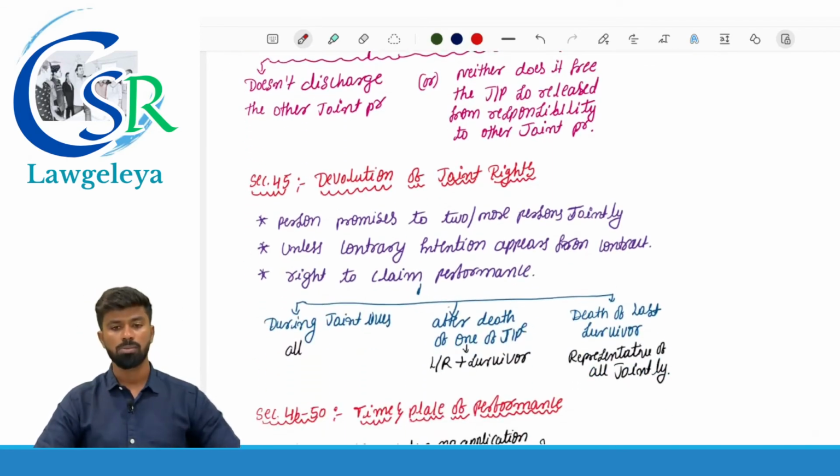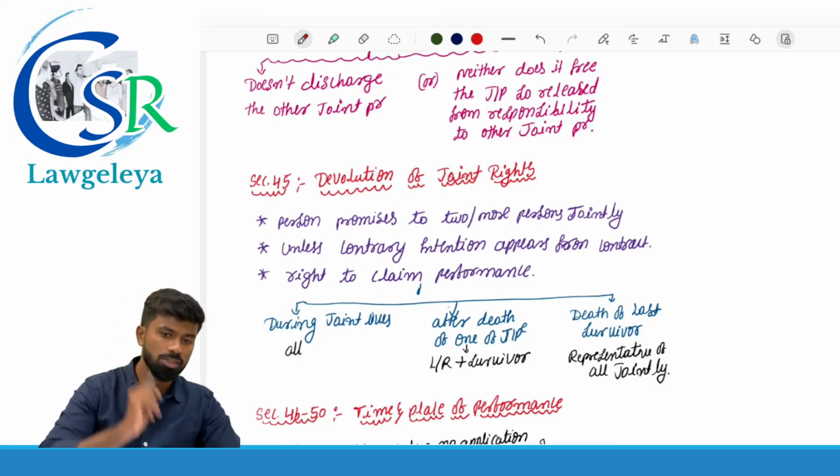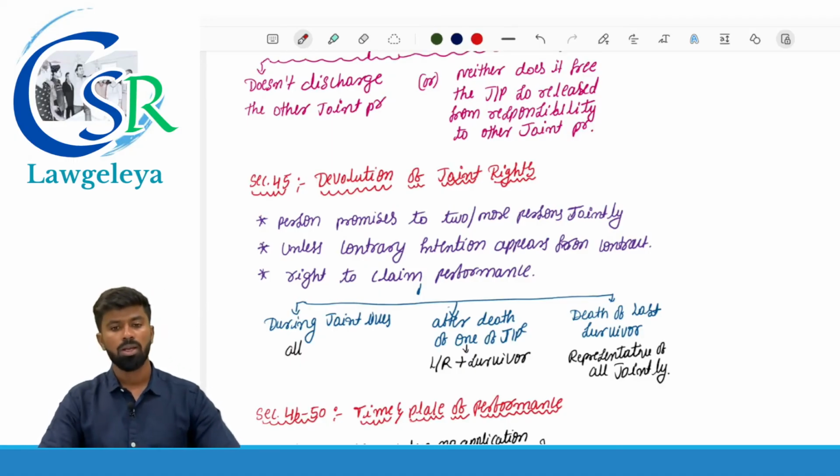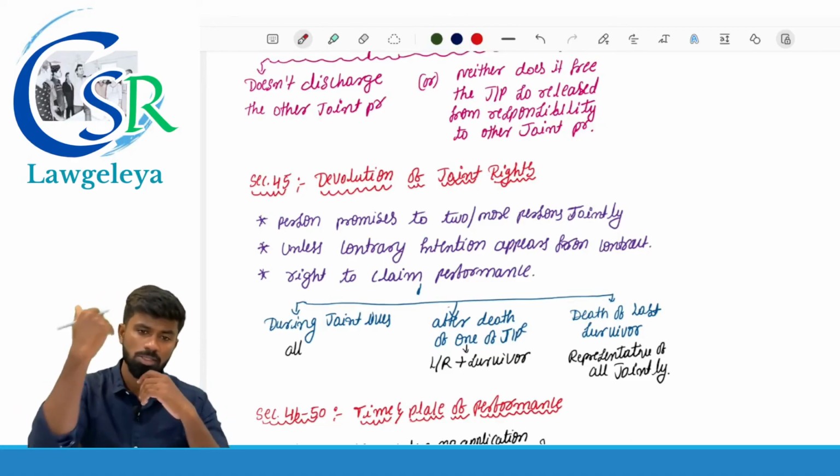45, in case of joint rights, joint promisees. If there is more than one joint promisee, then all of them can enforce the contract during their joint life. In case of death of one of the joint promisees, the remaining joint promisees along with the legal heirs of the deceased joint promisee can enforce it. In case of death of the last survivor, all the joint promisees can enforce the contract against the promisor.